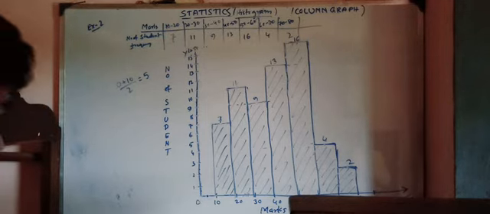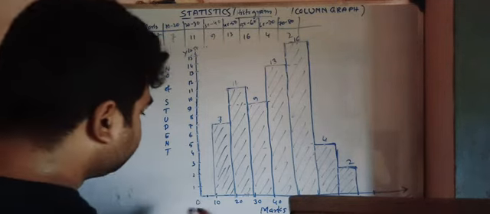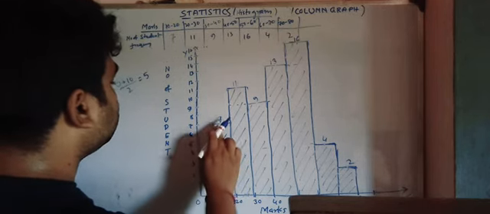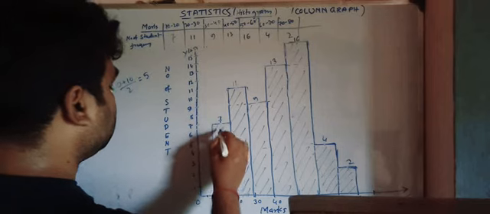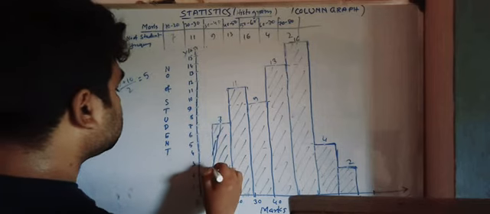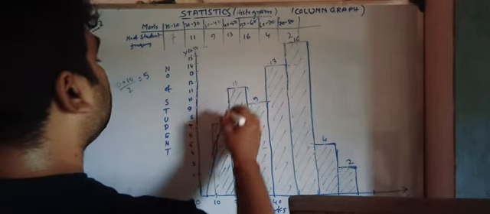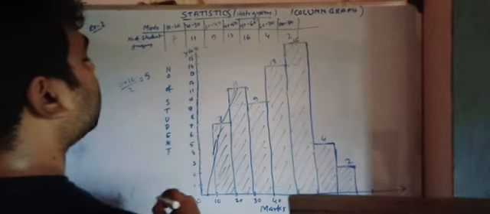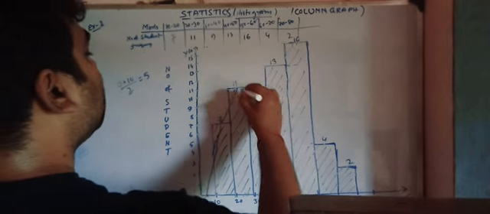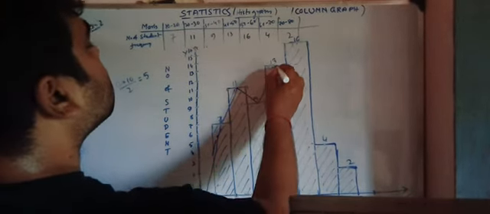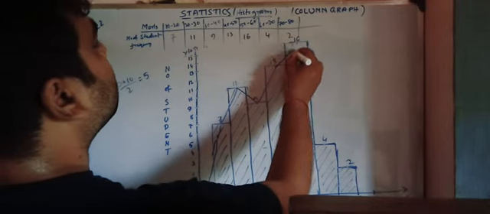And we should draw a straight line at the midpoint. Next, this straight line should be drawn to that point. Next, this should be drawn to that point.